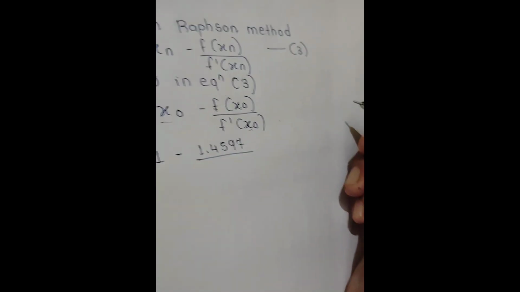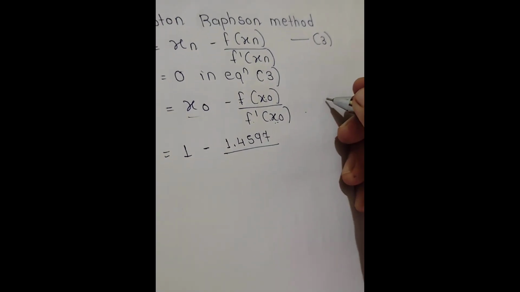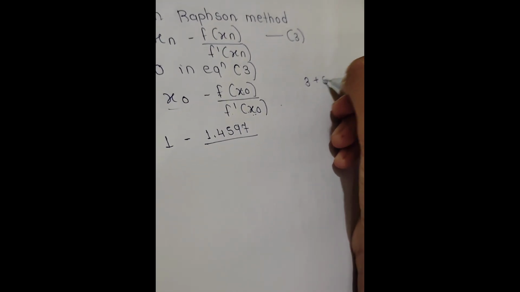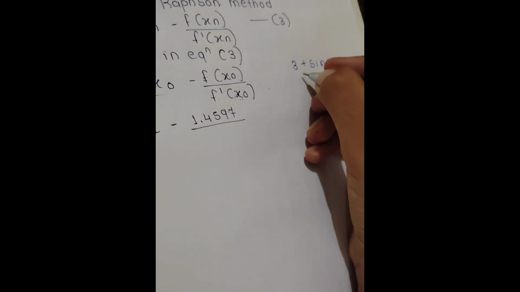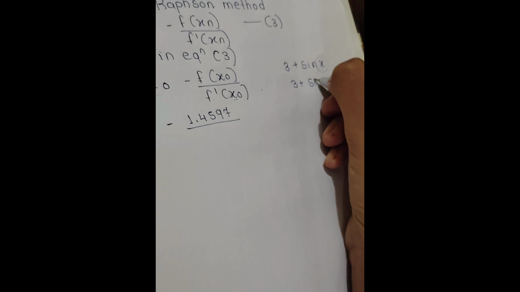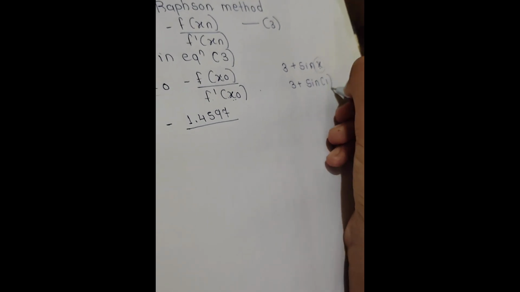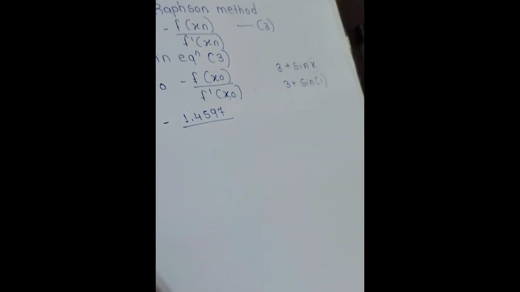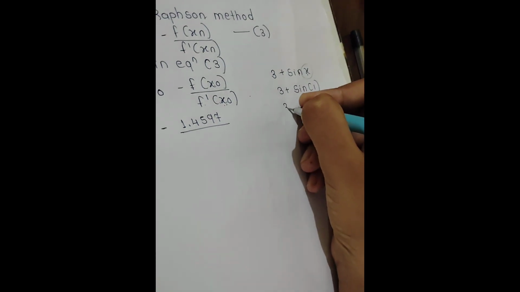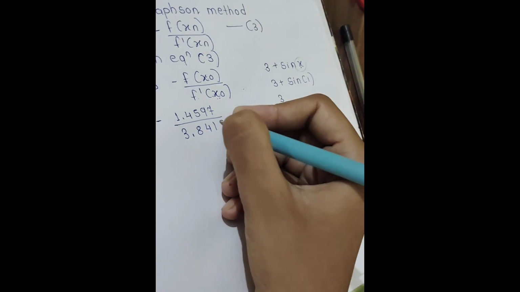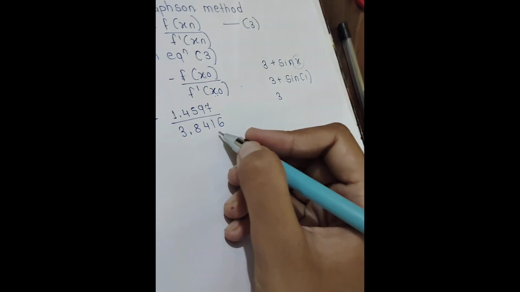Equation 2 is 3 + sin x. We put the value of x, which is 1. So 3 + sin 1. We get the answer on our calculator as 3.8416.